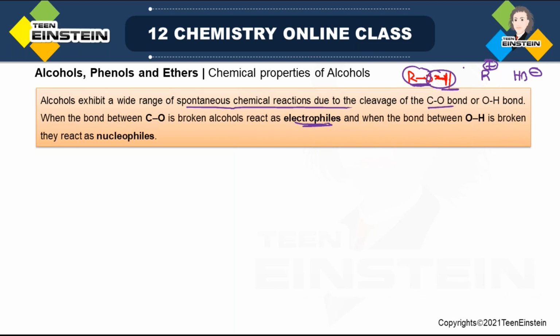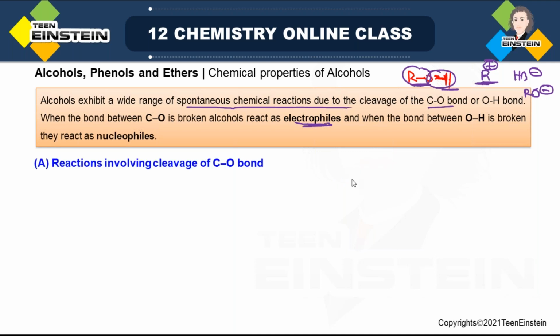And in this case, some nucleophile can attack this electrophile, which is basically this R plus. But when the OH bond is broken, what will you get? You will get RO minus. That means now it will behave as nucleophile. So depending on whether it is cleavage of the CO bond or the OH bond, we can have two different types of reactions.